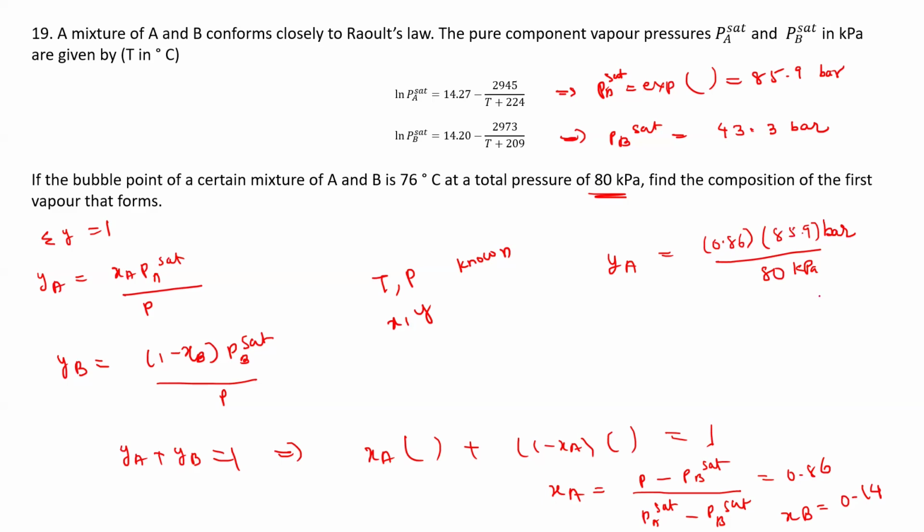You can convert kilopascal to bar and do this. Then you will find YA equals 0.925 and YB equals 0.075.